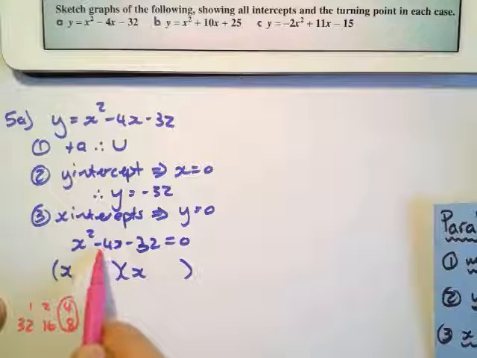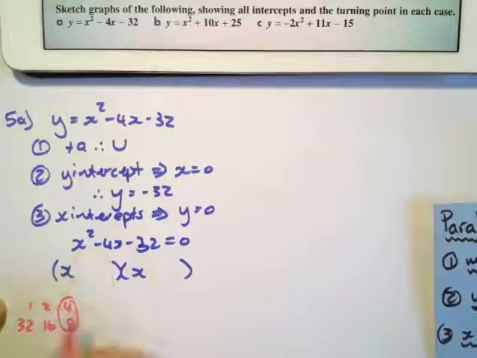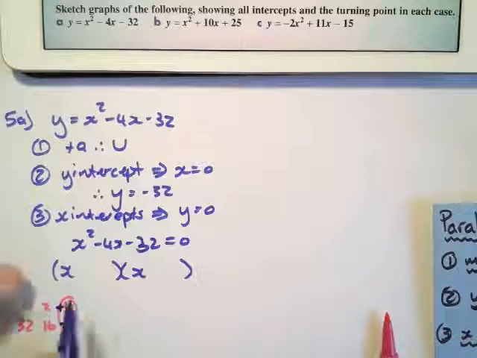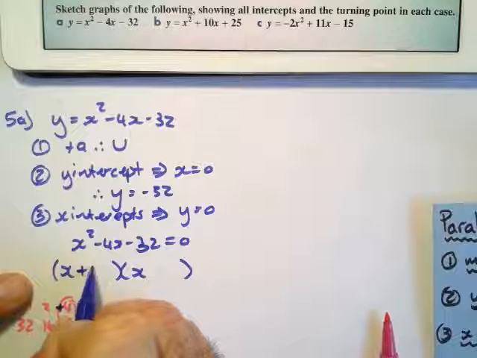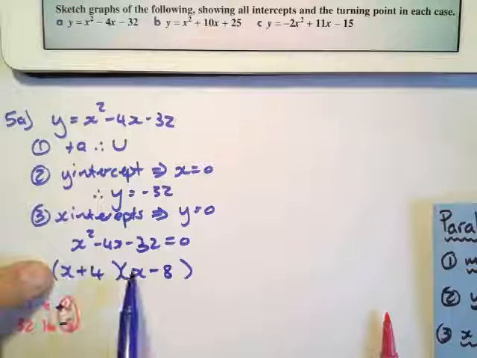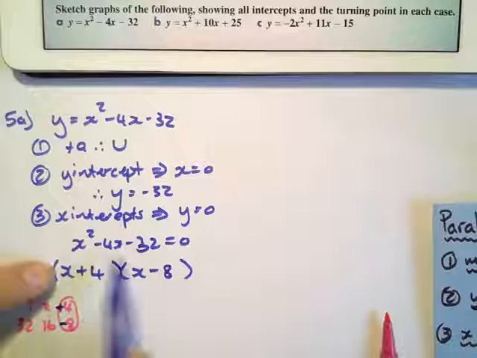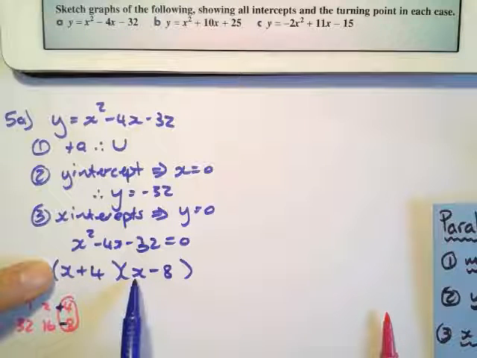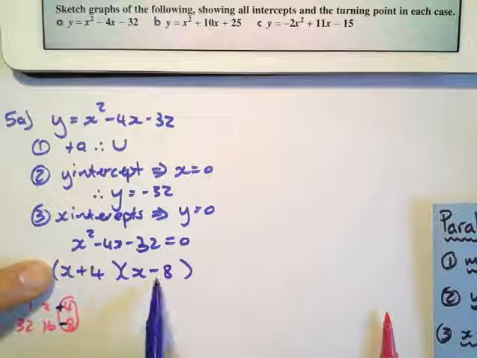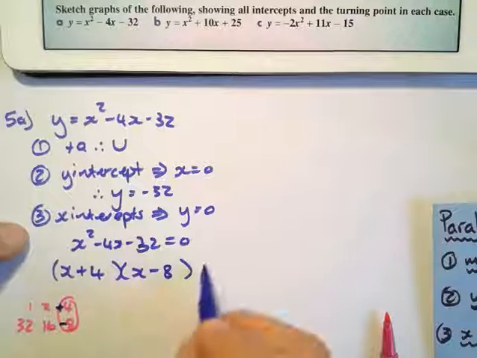The biggest one must be negative, so if I add up the two, it must give me negative 4, which means this is going to be negative 8 and positive 4. So it's x plus 4, x take 8. Just check your answer. X times x is x squared. Negative 8x plus 4x is negative 4x, plus 4 times negative 8 is negative 32, which equals 0.